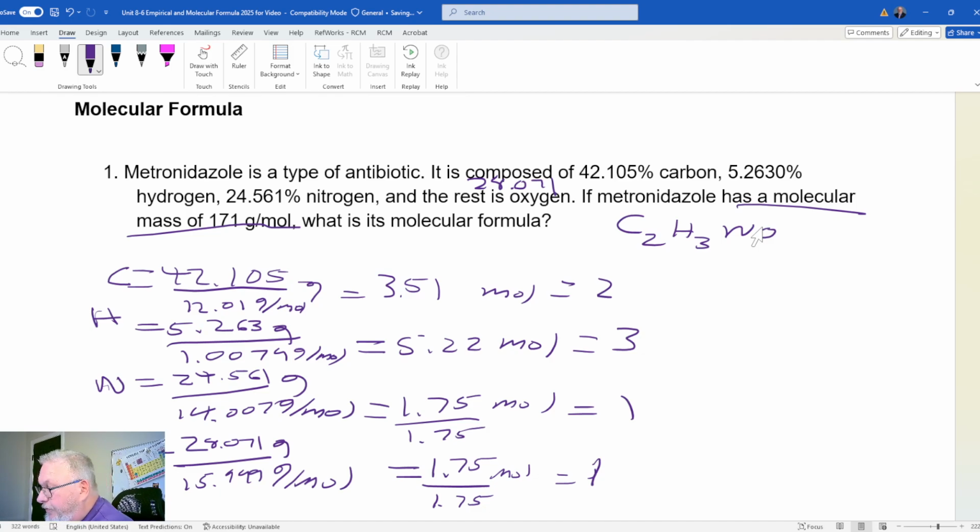Let's get the actual one. This is where we differ from the empirical formula. What we have to do now is get the molar mass of this empirical formula. So let's do it. I'm going to switch colors to blue.